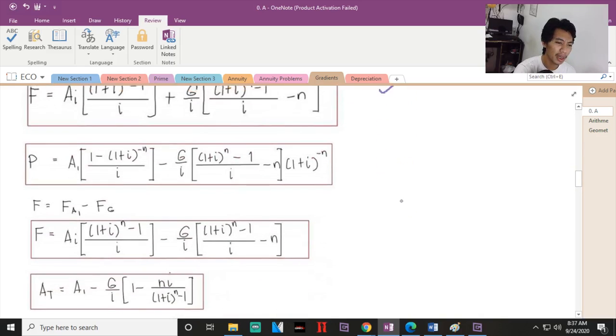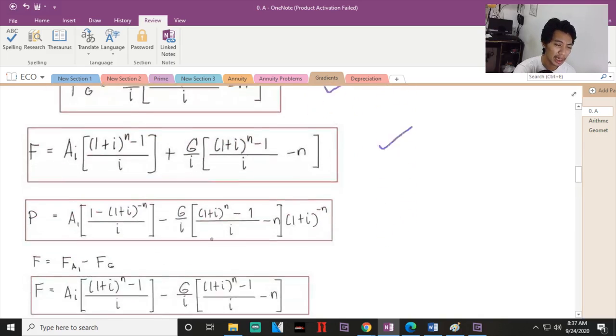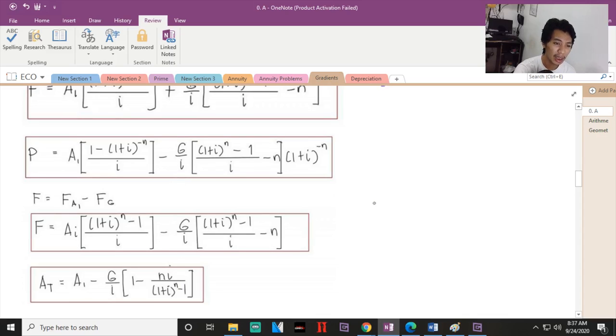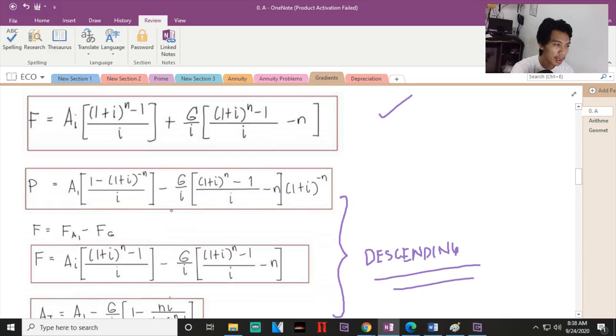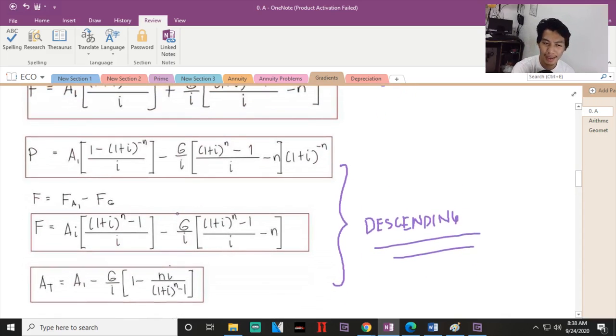Anong magandang paraan dito? Meron pa tayong decreasing. Ayan o, decreasing. This is for yung isa ascending, ito descending. Descending yung arithmetic payments niya. Now, sir, ano ba ang magandang paraan para gamitin ang gradients?